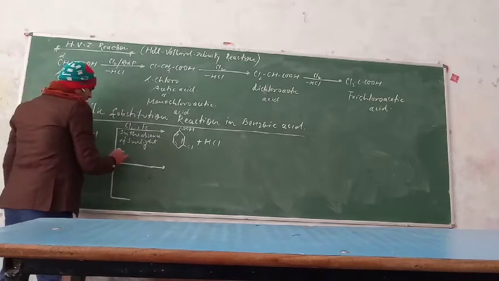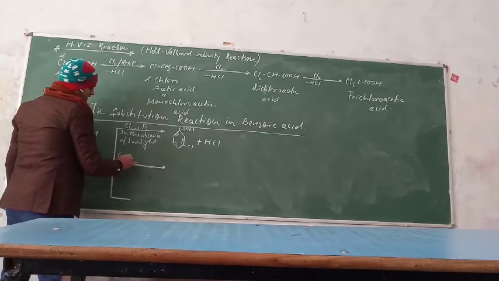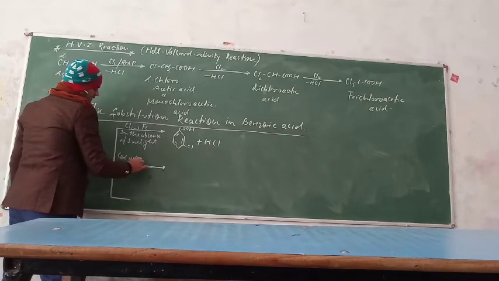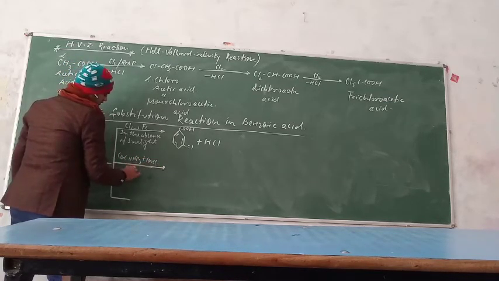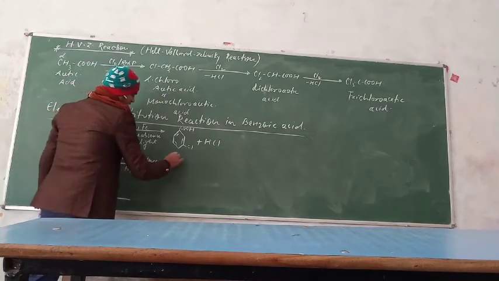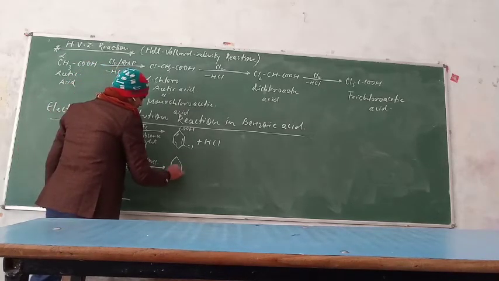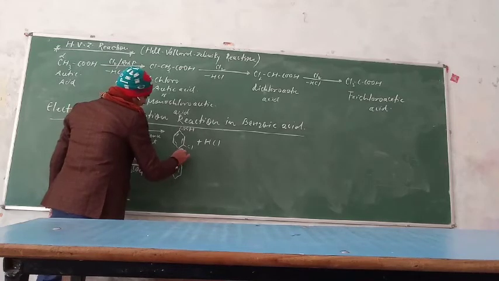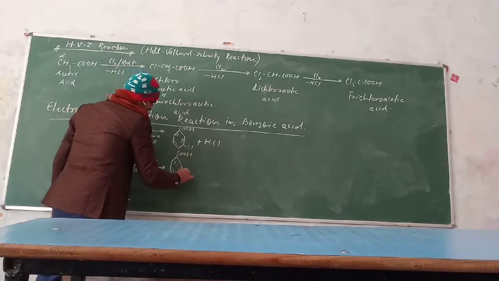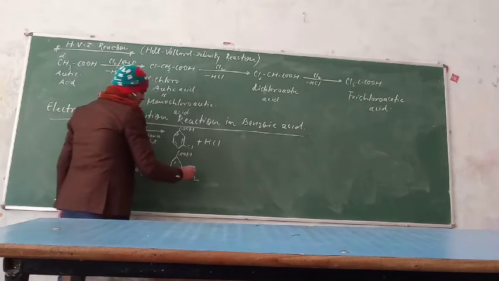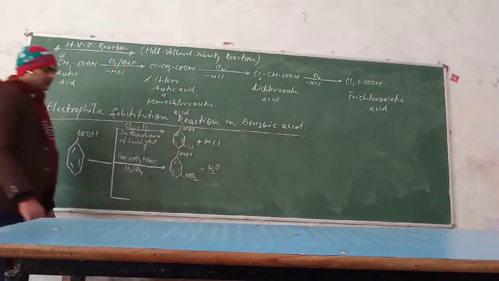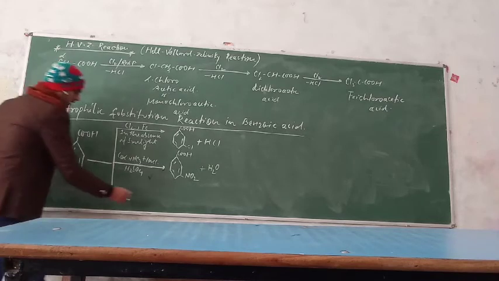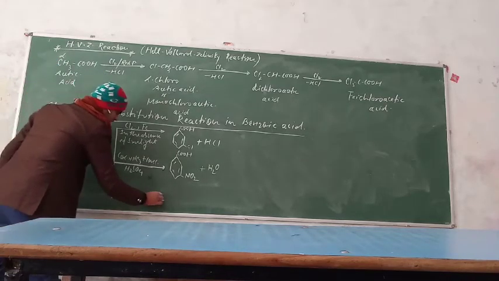When the benzoic acid is treated with the concentrated HNO3 and the concentrated H2SO4, we get the meta-nitrobenzoic acid after the removal of one water molecule.